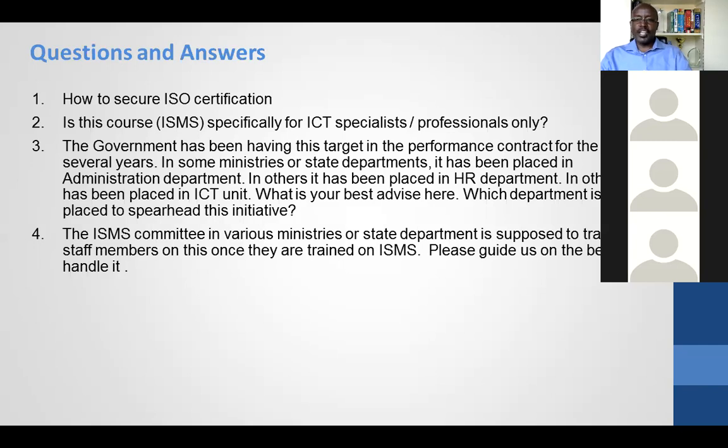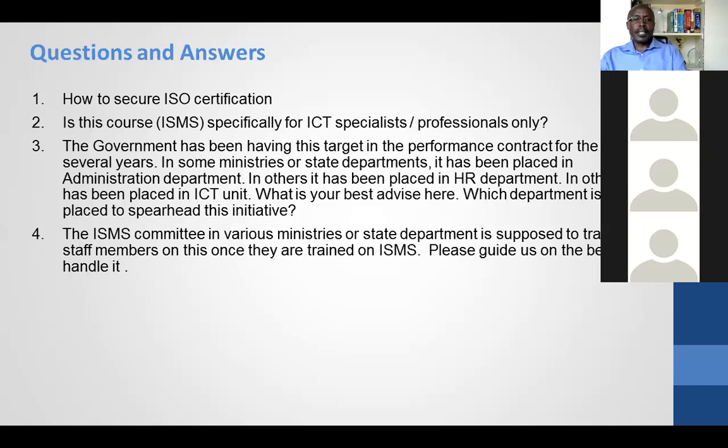For instance, the head of HR, or the head of legal, the head of procurement, the head of finance, and that kind of thing. The only thing that they can do is to have representatives representing them in that committee. But my advice is it is best placed in the IT department. Again, there is no requirement that tells you exactly where it's going to be domiciled.